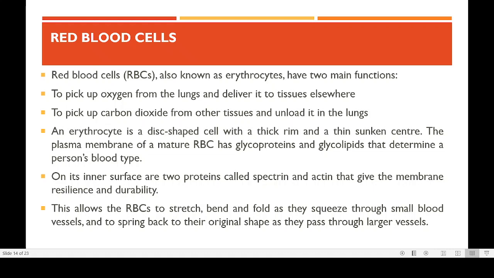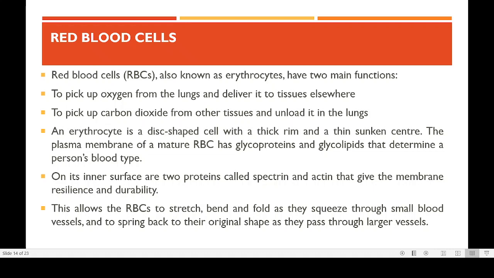RBC carries the oxygen present in the lungs, and this oxygen will be delivered to different parts of the body. Now, the second function is to pick up carbon dioxide from different body cells or tissues and bring it to the lungs.